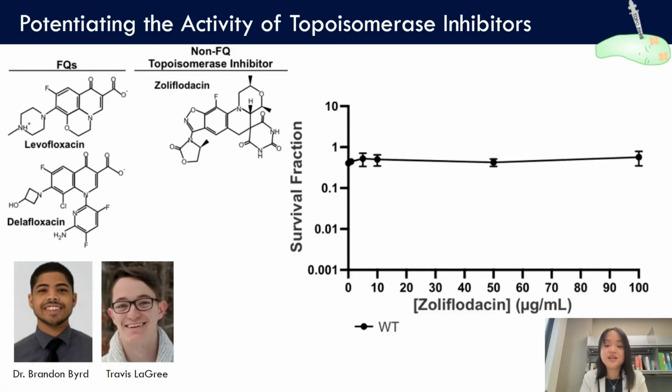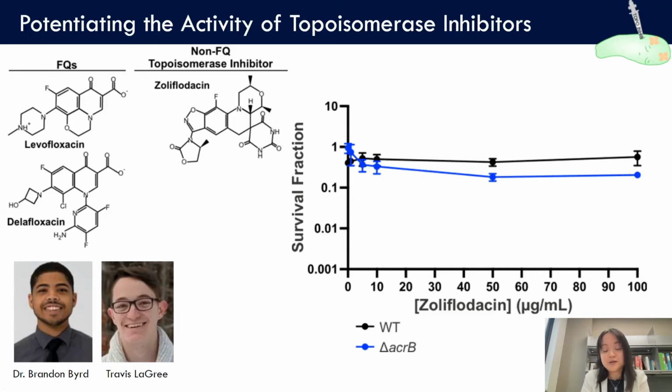Zoliflodacin is a substrate of AcrAB-TolC, and so we asked, how does the loss of efflux pump action affect Zoliflodacin? Do we see a reduction in survival similar to what we had seen with Delafloxacin? And we saw that loss of acrB did not affect persistence towards Zoliflodacin.